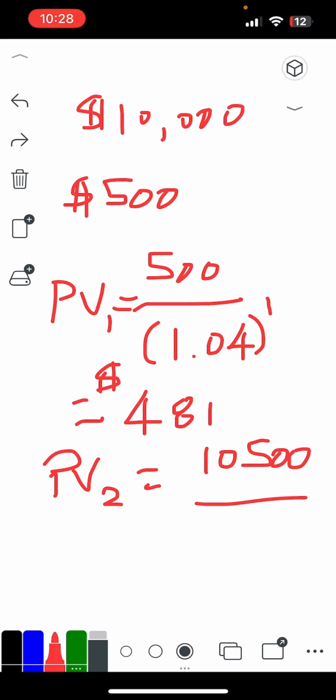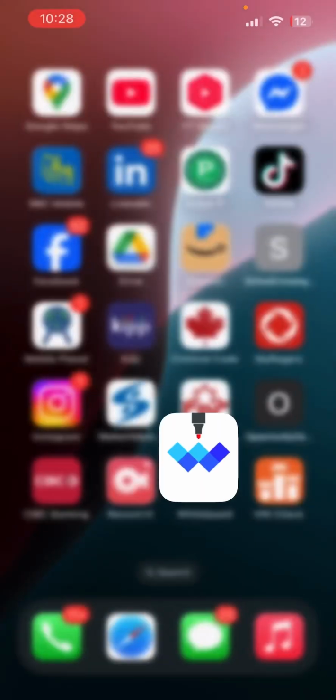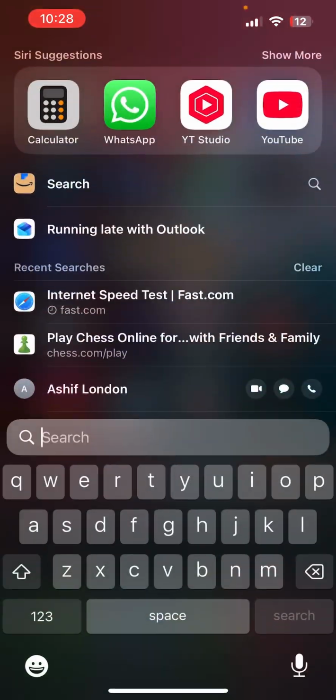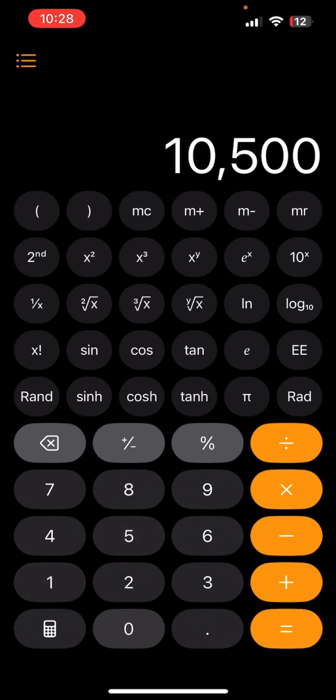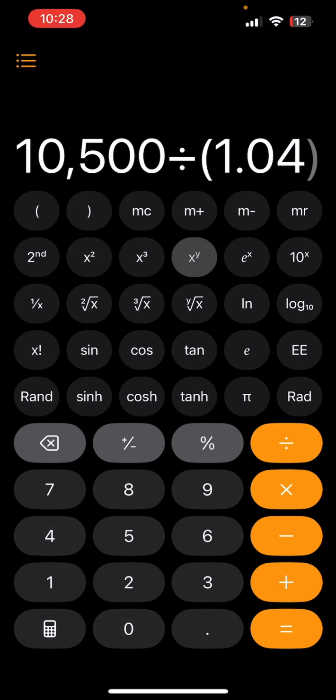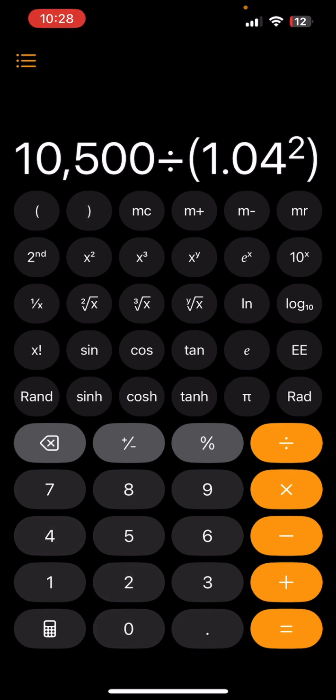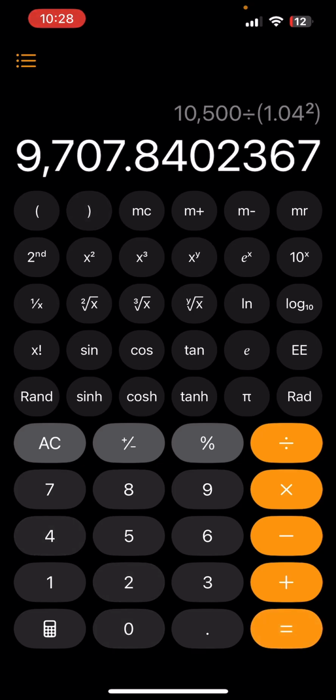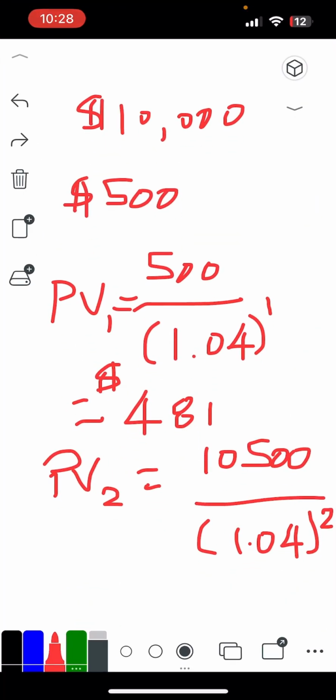So 10,500 divided by 1.04, all raised to 2, will be $9,708.